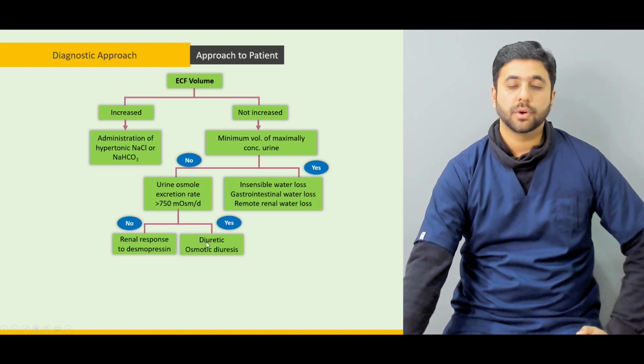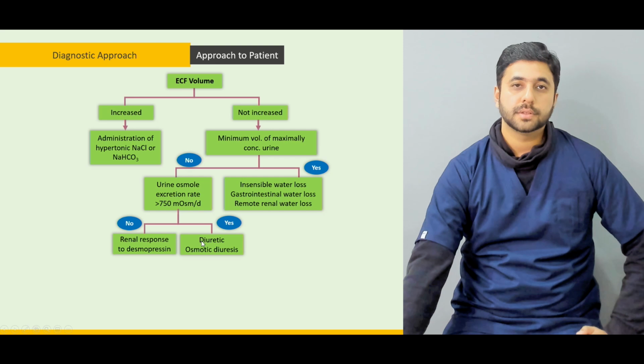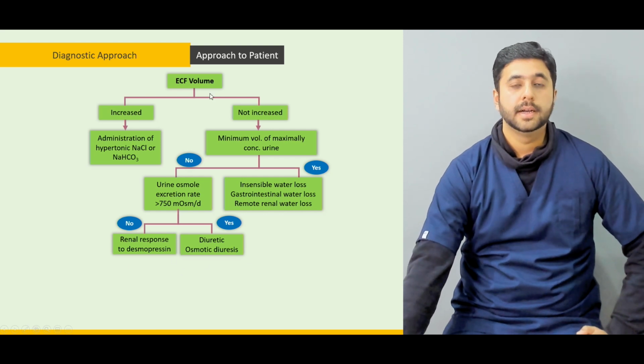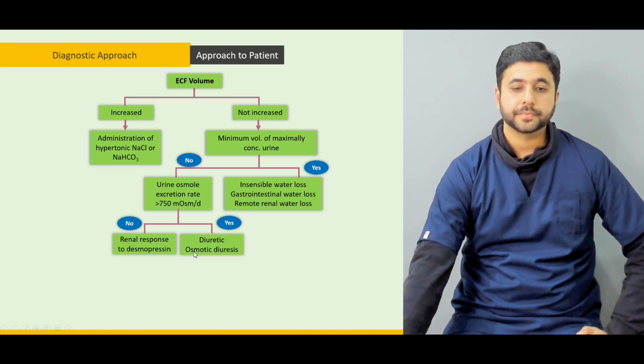Because you are causing that problem, either because the patient is being given some diuretic like thiazide or loops, or someone is having osmotic diuresis, either with the help of mannitol, or just as we talked about, the patient can have hyperglycemia or hyperuricemia, and this is the problem at the level of the kidneys.